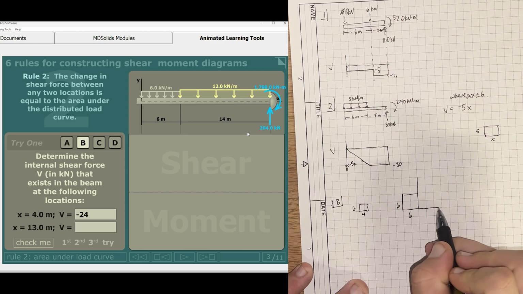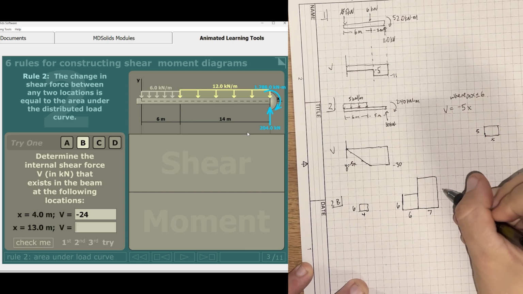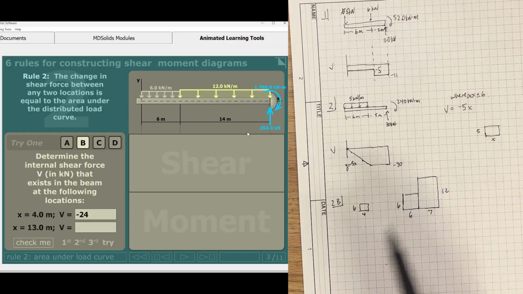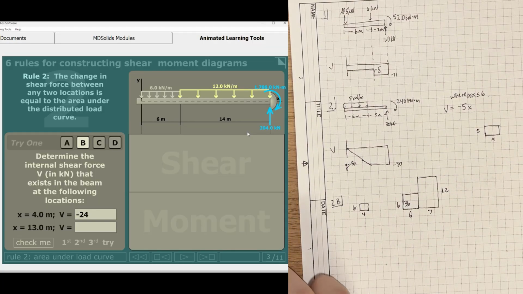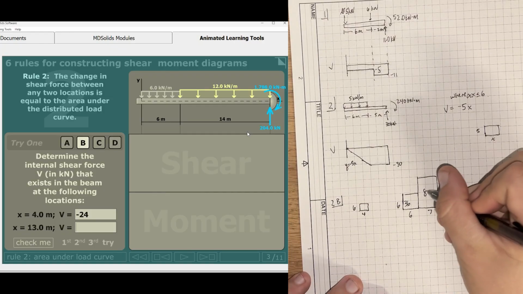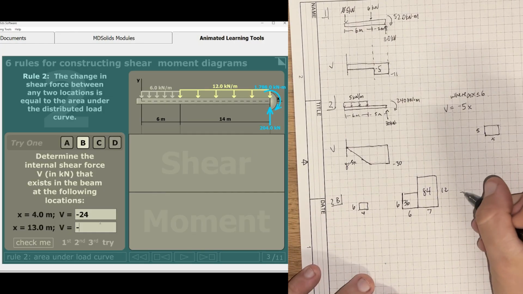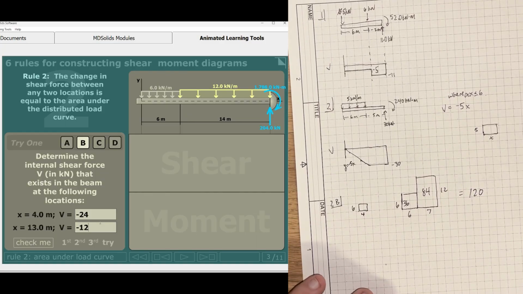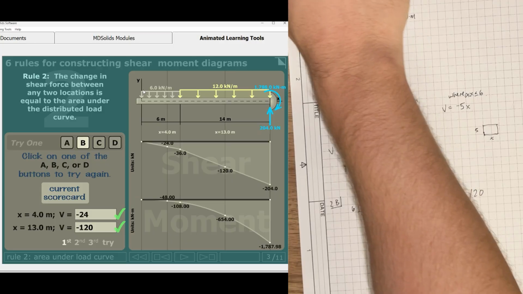So it's going to look something like this. So 7, and then this is 12 right here. So then what we can do now is find the area of these two. Well, this is 36, and then 7 times 12 is going to end up giving us 84. If we take 84 plus 36, we're going to end up with 120 for our shear force there. So that's a negative 120 there, negative 120.